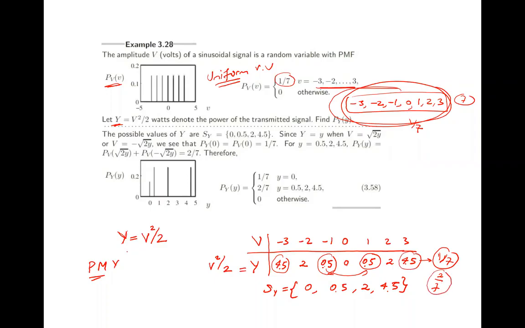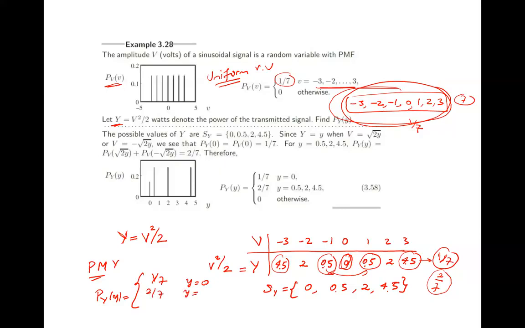So simply for the PMF of this random variable, when y equals 0, that is 1 over 7, because there is just one 0. But I have two 0.5s, two 2s, and two 4.5s. So each will be 2 over 7.